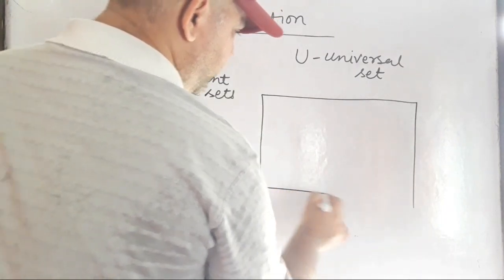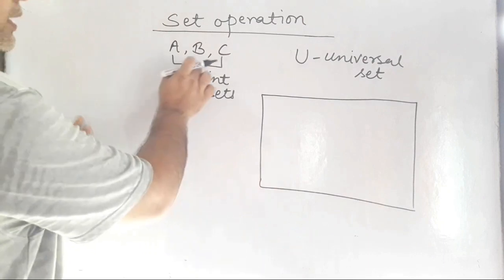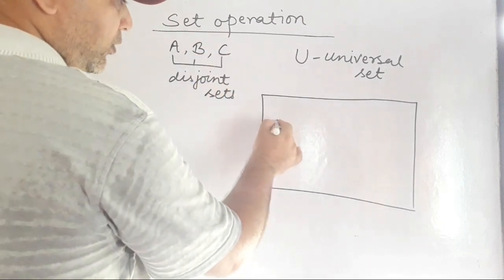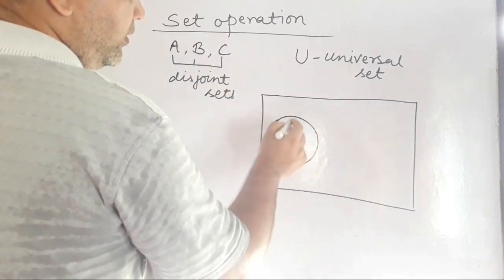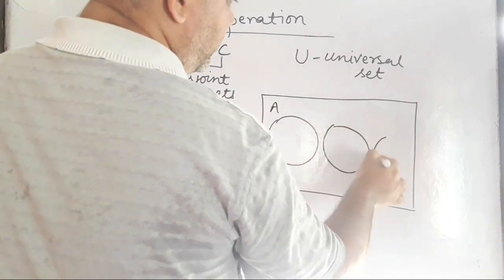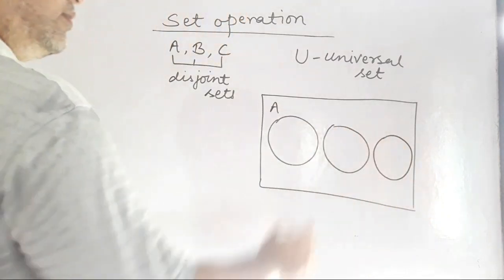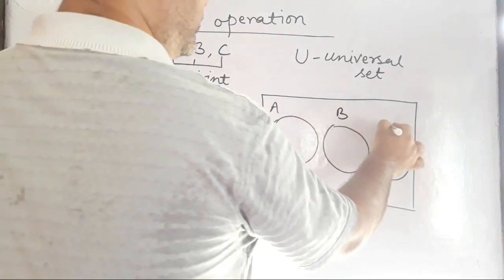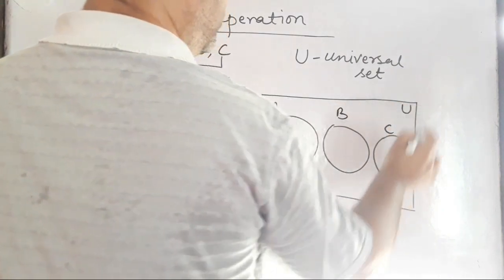Let's see. Since A, B and C are disjoint sets, they are not intersecting with each other. So this is set B, this is set C, and this is universal set U.